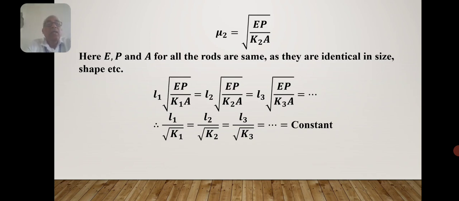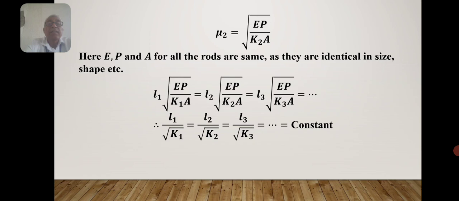Therefore, L1 into under root of EP upon K1 A equals L2 into under root of EP upon K2 A equals L3 into under root of EP upon K3 A, and so on.